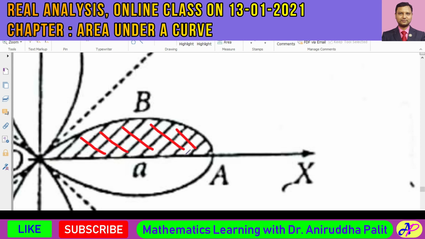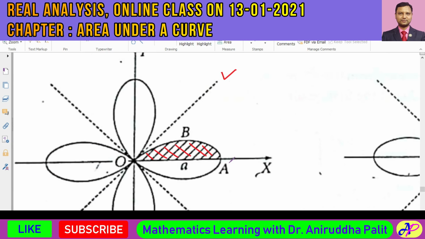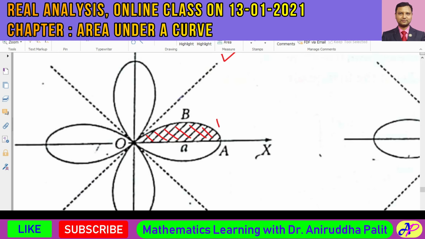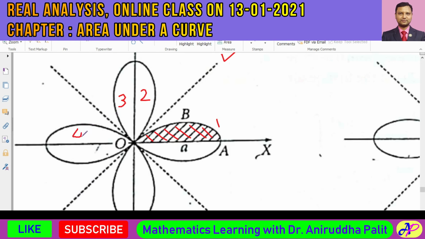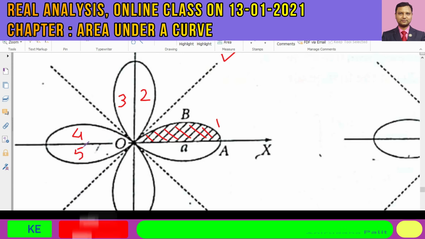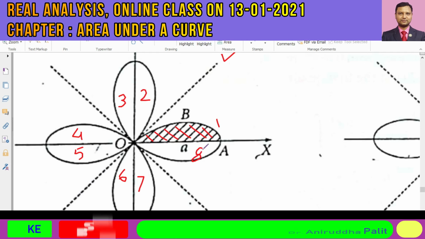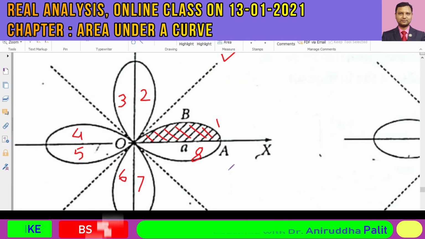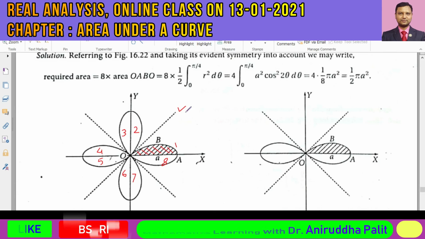And this area is multiplied by how many times? You see, this is 1, 2, 3, 4, 5, 6, 7, and 8. So 8 similar areas are there. If this area is multiplied by 8, then you will get the total area. That's why this is multiplied by 8.